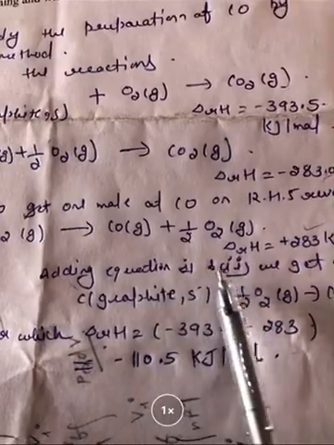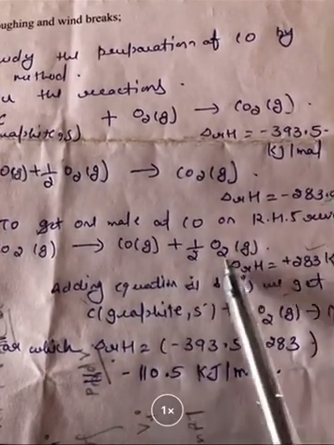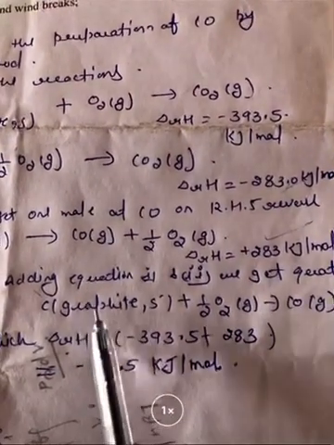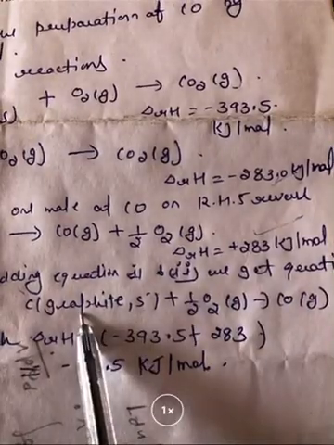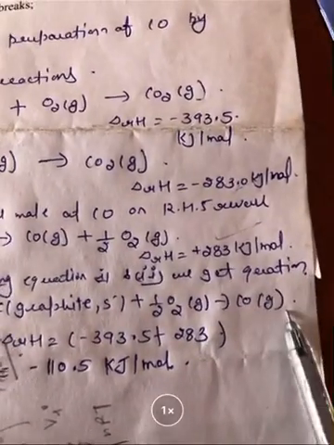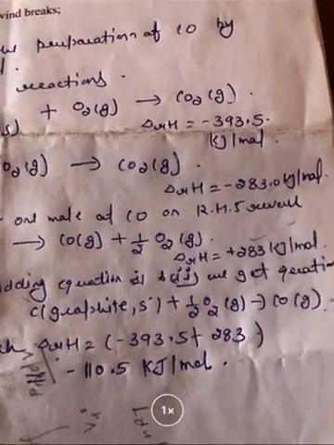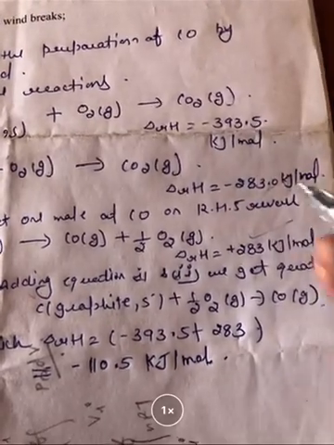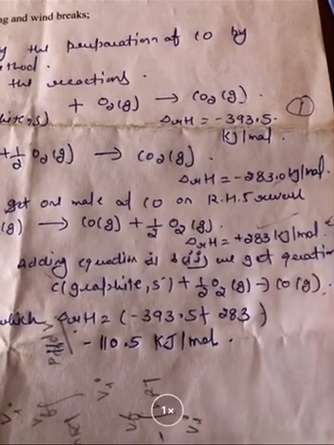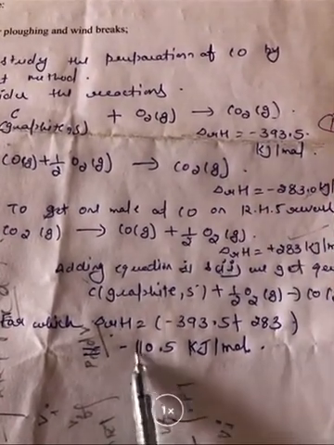On adding the first and second equations, the first equation this one and the second that I have reversed, I will get the general reaction, that is carbon, in its allotropic form graphite in solid state, reacts with a limited amount of oxygen, resulting in the formation of carbon monoxide gas, and total enthalpy change for this reaction is equal to the summation of enthalpy of the 2 reactions that we used, to define the overall enthalpy of the reaction.